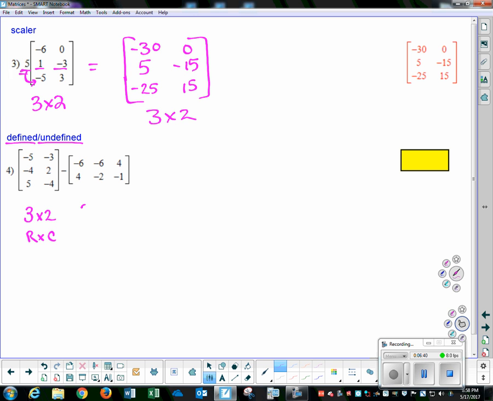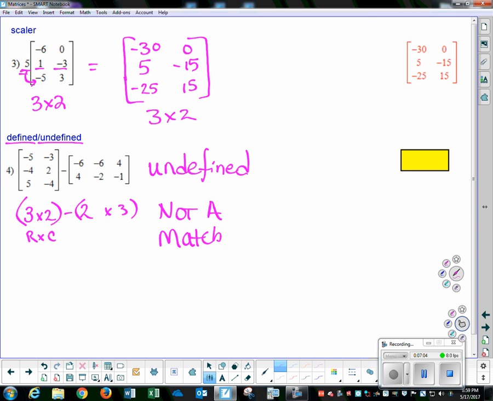And on this one, I have 2 rows by 3 columns. And that is not a match. So this does not match. And so this operation then is undefined. Can't do it.